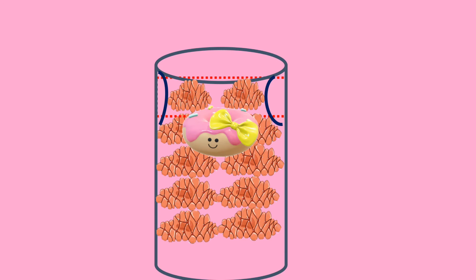Remember, in order to propel the food bolus forward, the circular muscle layers are stimulated to contract, while the longitudinal muscles are inhibited from contracting.